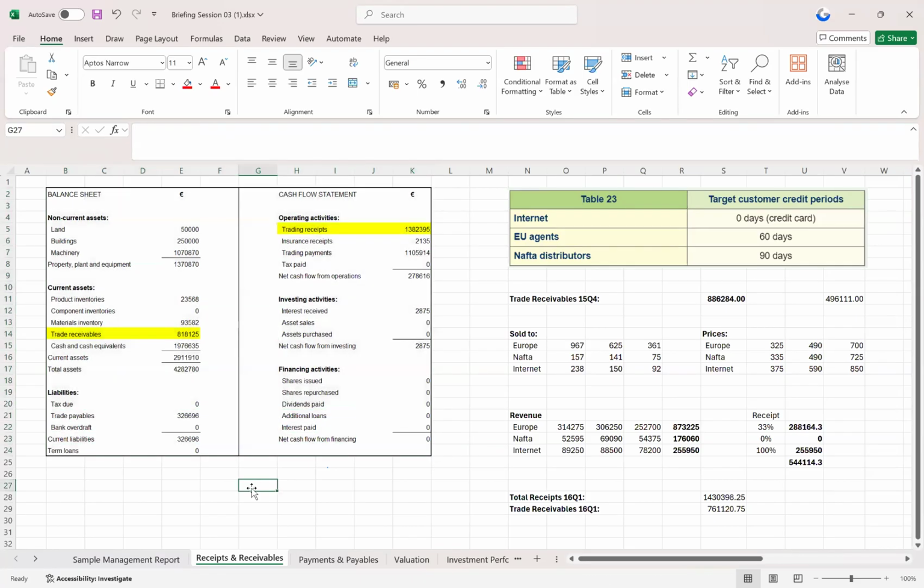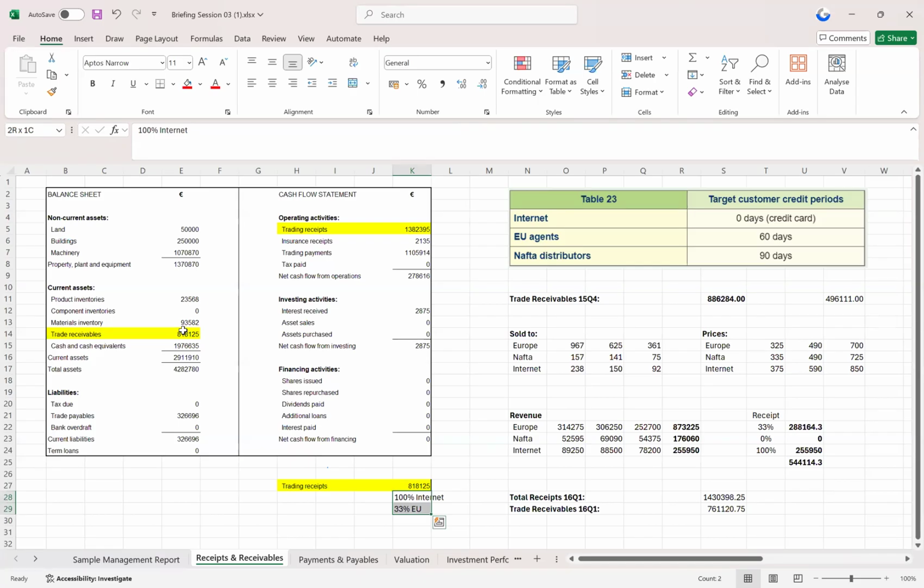Now when I'm calculating for 16 Q2, it will have this for sure, plus it will have 100% of internet, plus it will have 33% of EU. So this much we know for sure. This one we have to calculate on the basis of the decisions that we are submitting, or we have to predict.